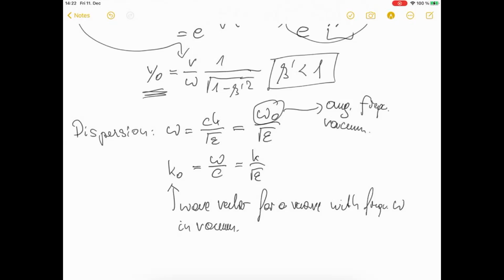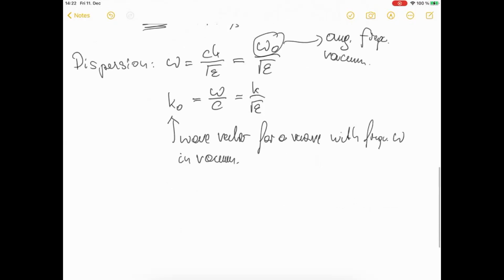So in other words, the two quantities omega naught and k naught are related to each other with the vacuum dispersion relation.